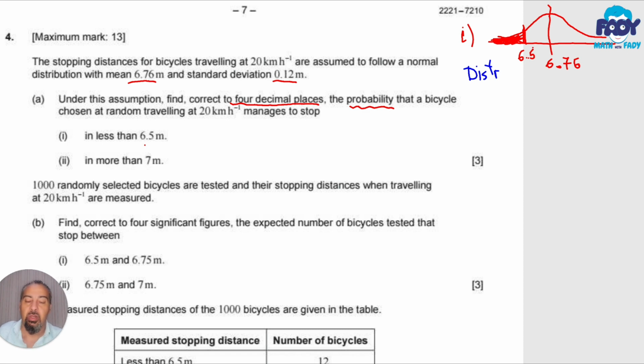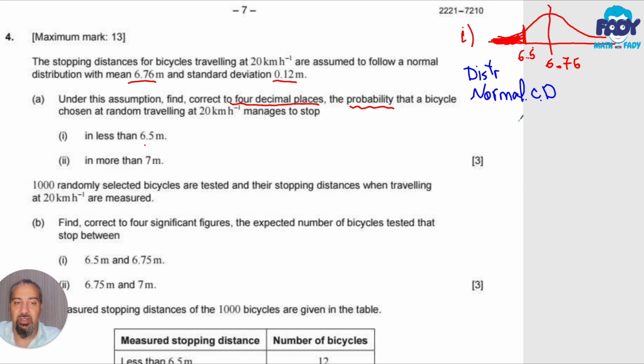In the Texas calculator, you have a separate button for this distribution. When you press it, you will find many options. What we need is normal CD.